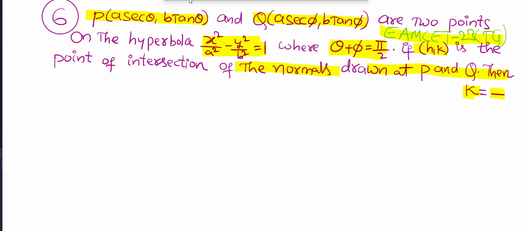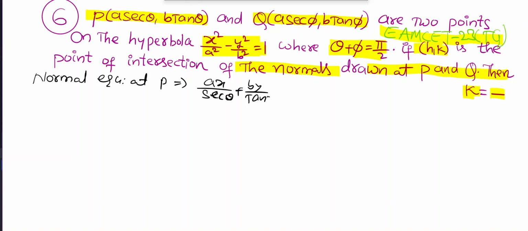Here two normals are given at P and Q. Normal equation at P is ax by secant theta plus by by tan theta is equal to a square plus b square.